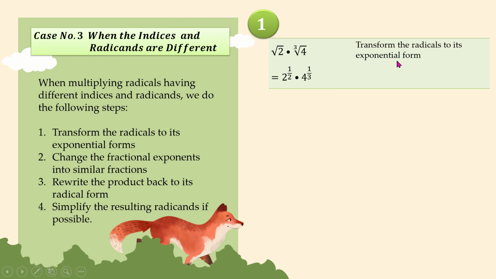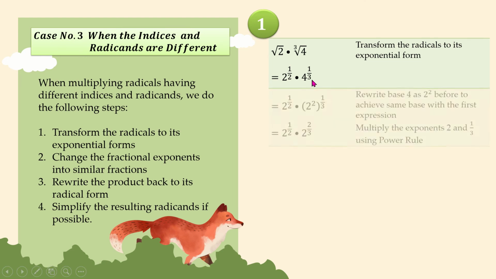So transform the radical first to its exponential form. So what shall we do? So base 2 exponent 1/2. Okay, index na 2 man, so atong denominator 2. Then kani cube root of 4, base 4 exponent 1/3 because our index is 3, so therefore atong denominator kay 3.